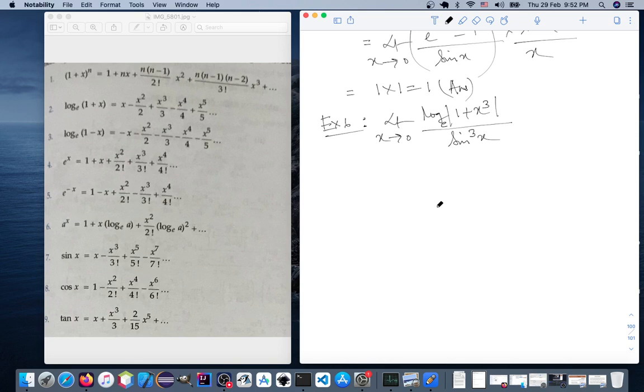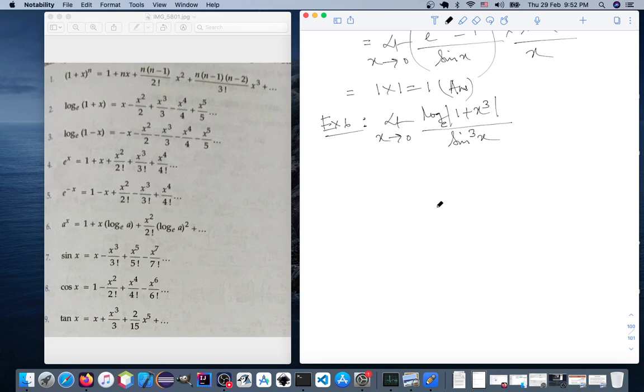Mod of 1 plus x cube. We have x cube instead of x tending to 0. How do we get rid of this mod?